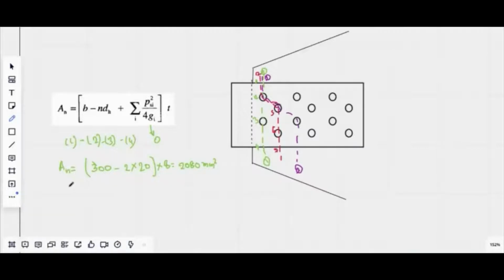So the section here can be written as 1 to 2, 2 to 5, 5 to 6, and 7. In this case, we can see that there is an inclined pitch, where the pitch is given as 65 and the gauge as 75 mm.